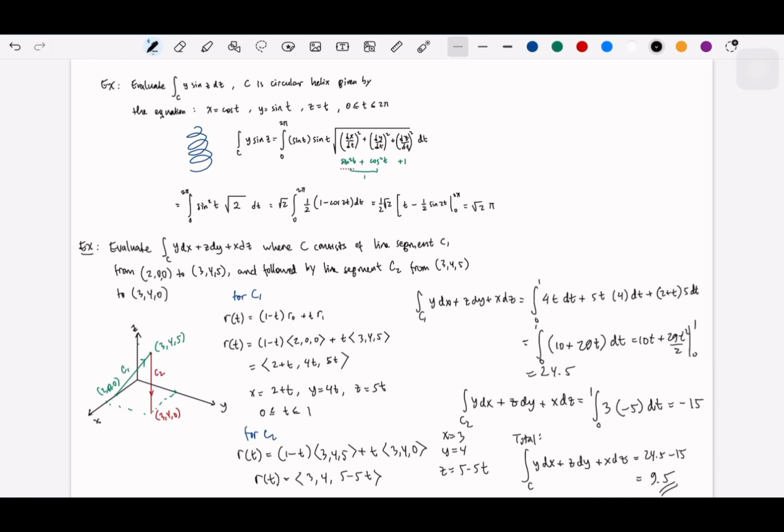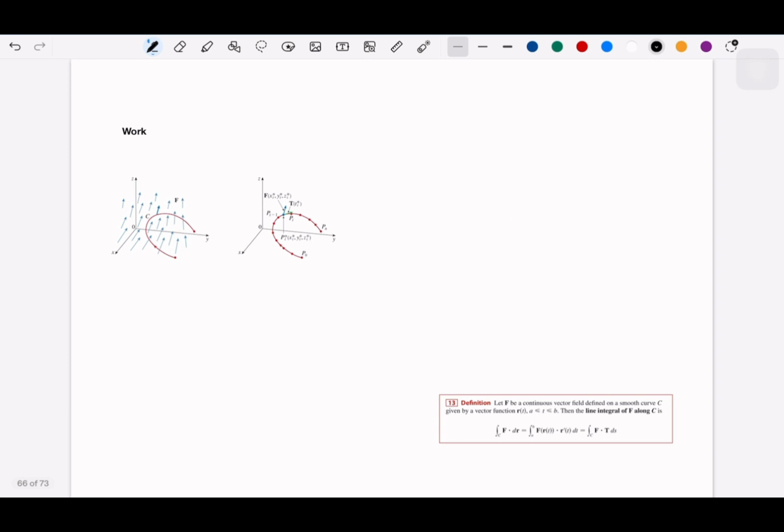For today's class, I think we can move to the vector fields for work. Okay.